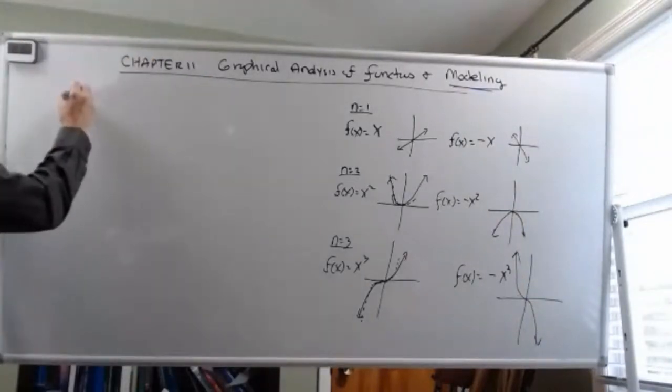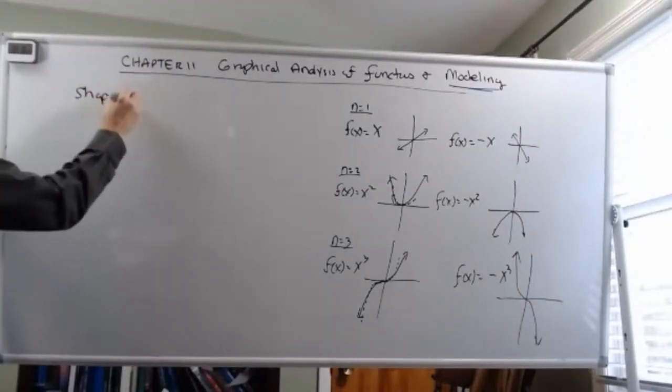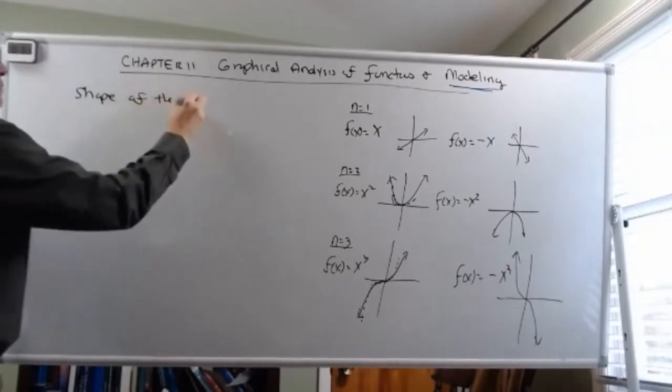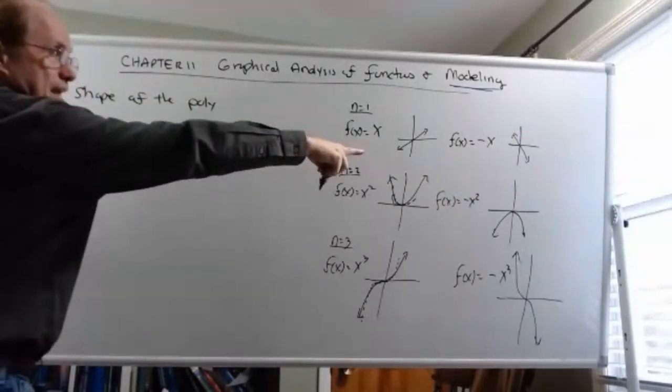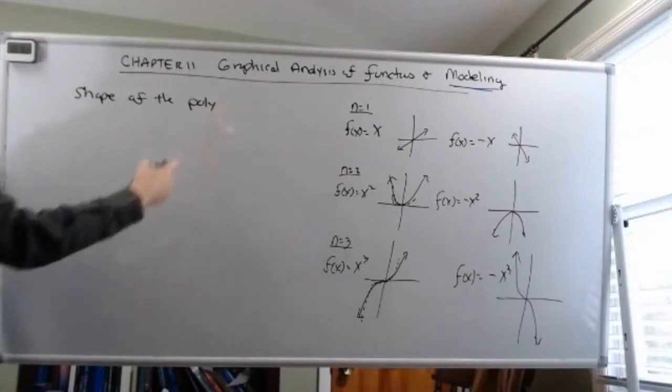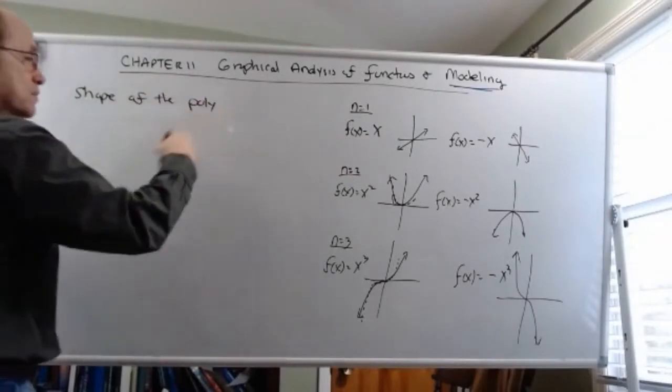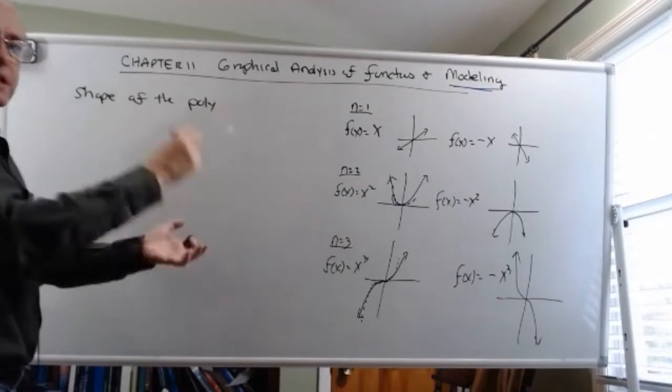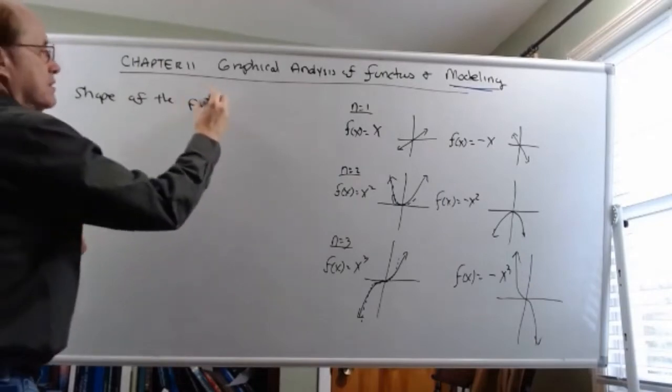So we want to talk about the shape of a polynomial function. Beyond my power functions, now we want to expand it to polynomial functions, where I'm adding multiples of these and subtracting them from each other.